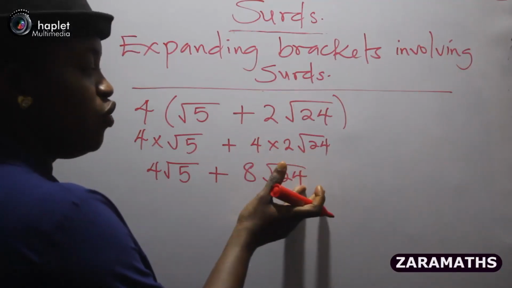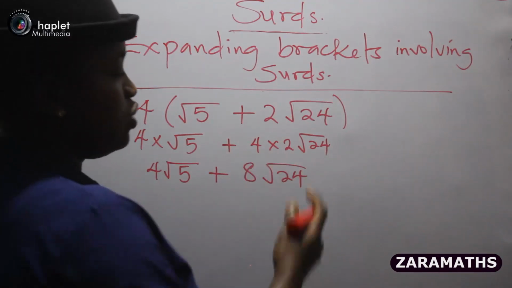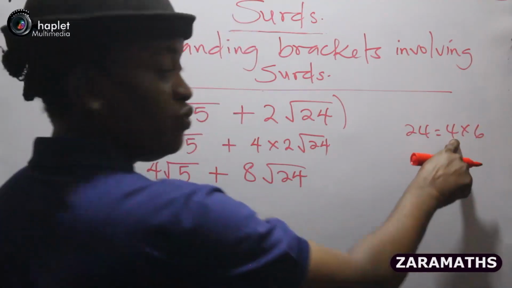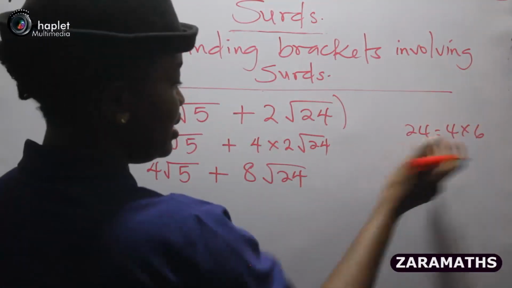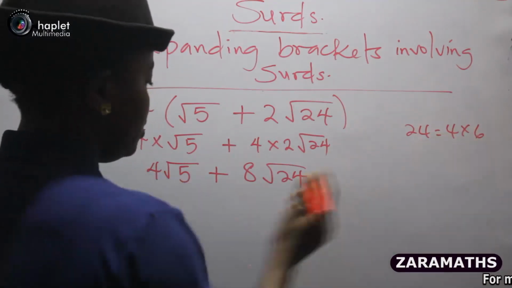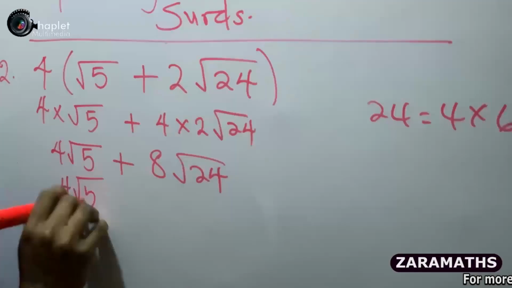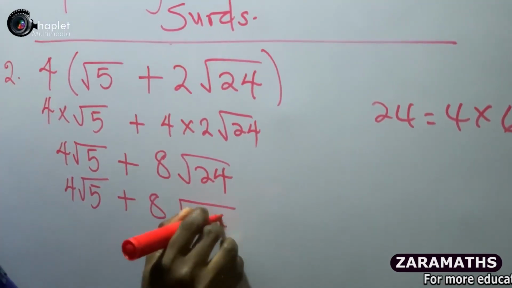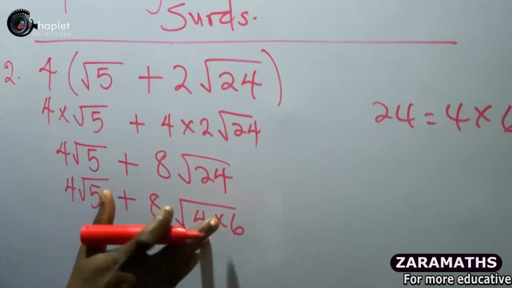Now 24, you can simplify it further. 24 is the same as 4 times 6. Remember, 4 is the perfect square. So this root 24 will be the same as root 4 times 6. So 4 root 5 plus 8 root 4 times 6. The square root of 4 is 2.